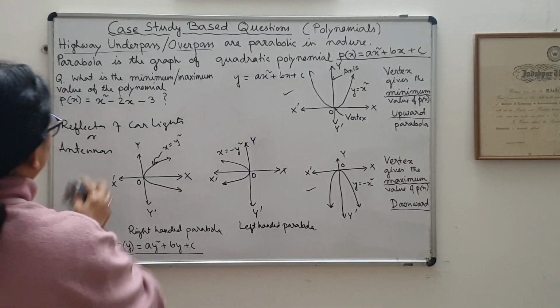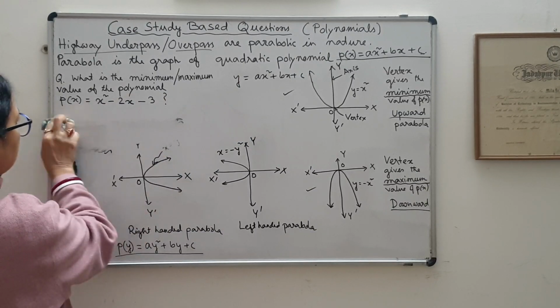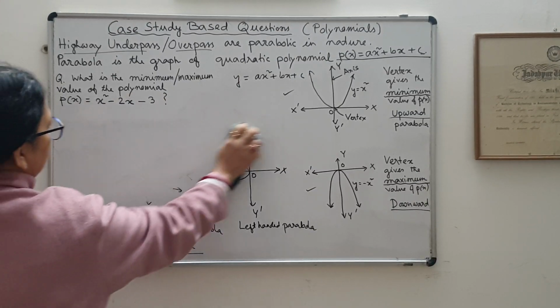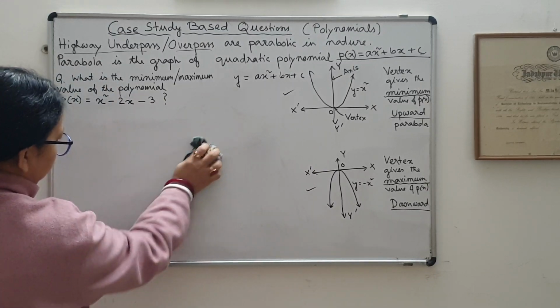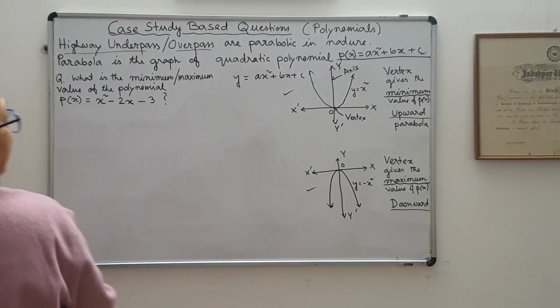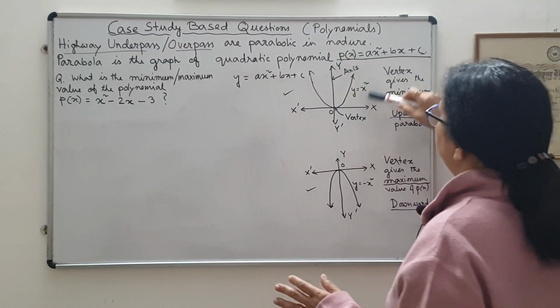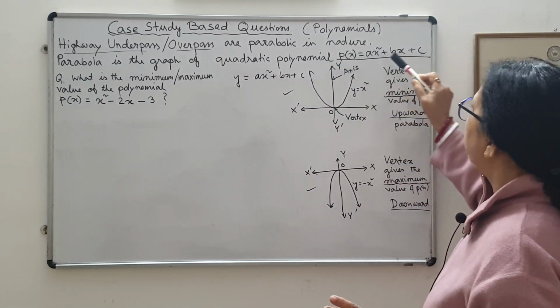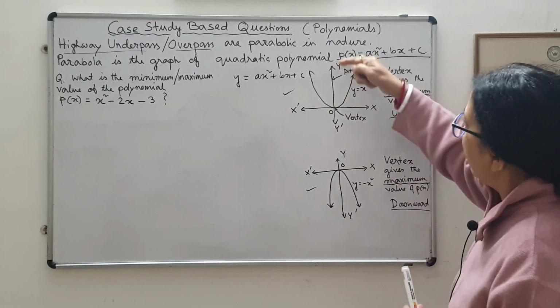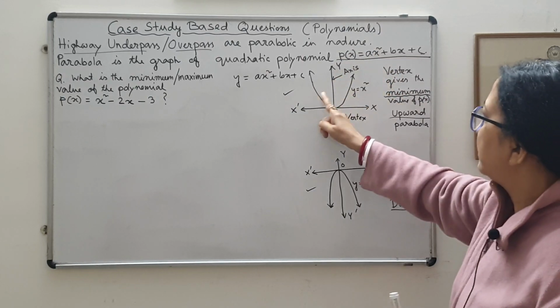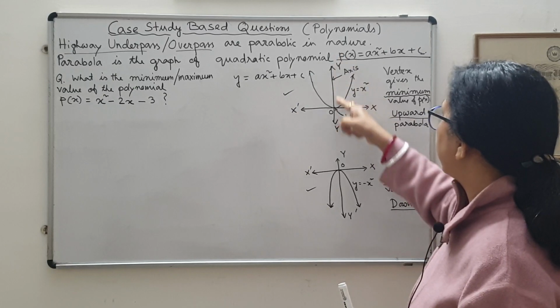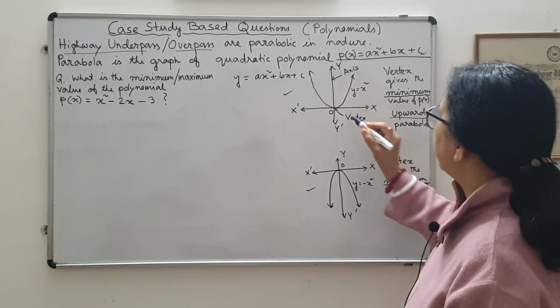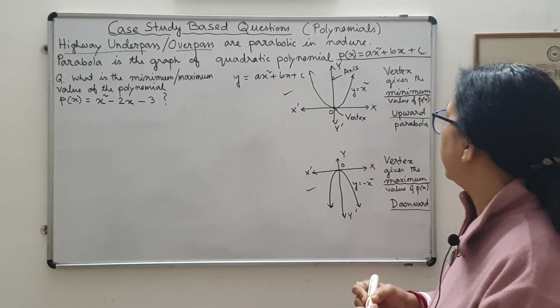So let me erase this. And when this is the symmetric curve of the quadratic polynomial, then the vertical line about which this curve is symmetric is known as the axis of the parabola. In this case the y-axis is this. And you see one important, very interesting thing.